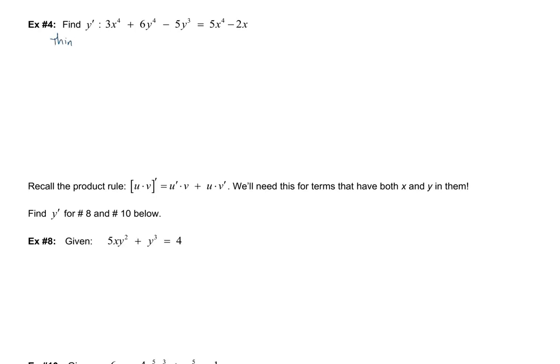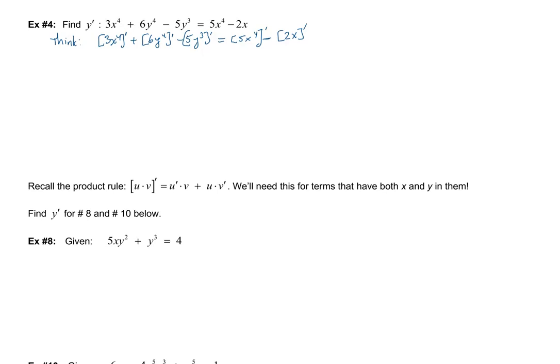Again, you might want to do the thinking step just to help your eyes sort out what it is you're looking at. So derivative of each term individually, noticing when there's a y. It might not be worth writing this stuff out. Here we go. So each time I take a derivative of a y, I have to get a y prime attached to it.